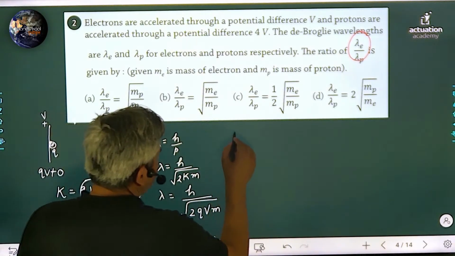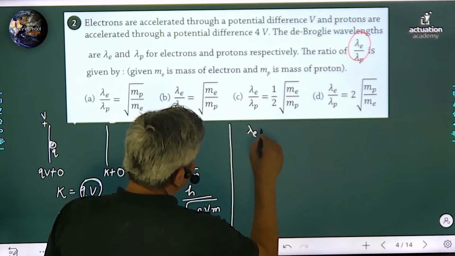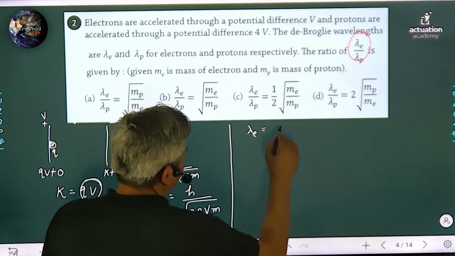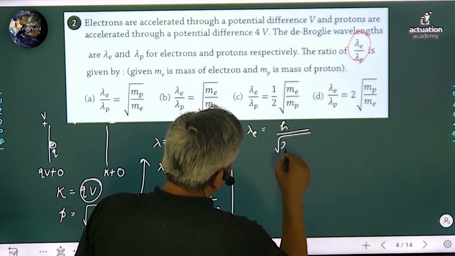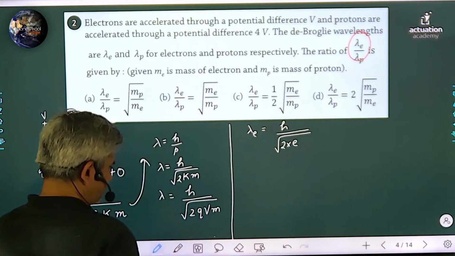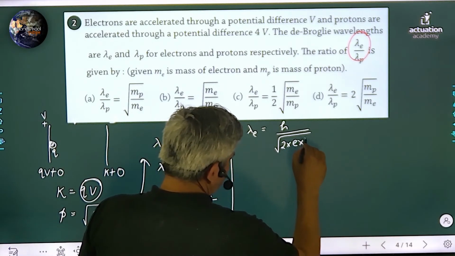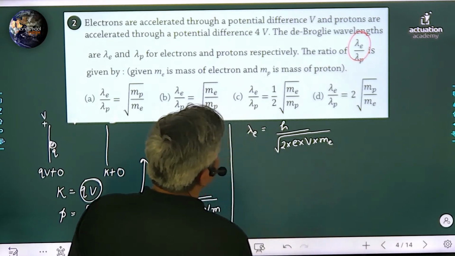Let's say lambda e is the wavelength of electron, then it can be written as h over under the root 2 times charge on electron multiplied by the accelerating potential multiplied by mass of the electron.